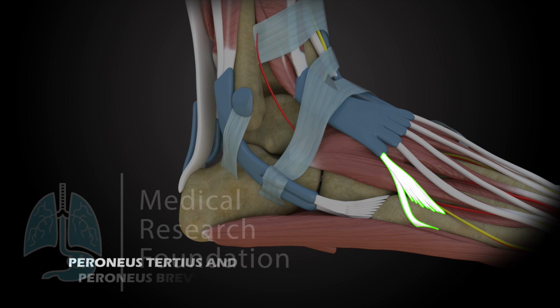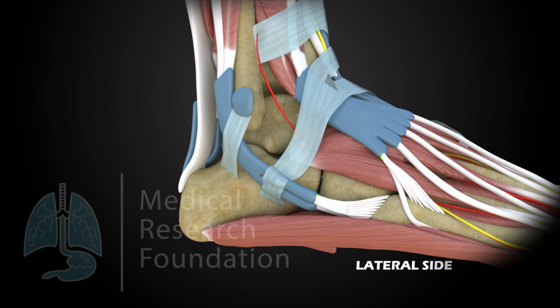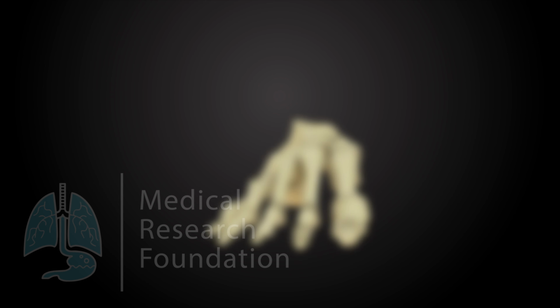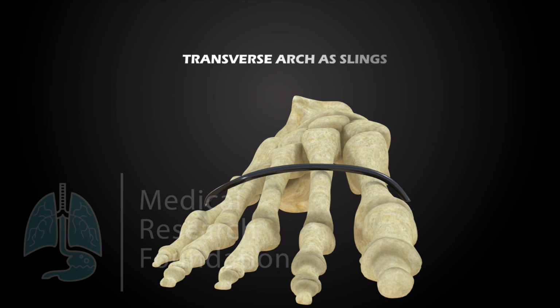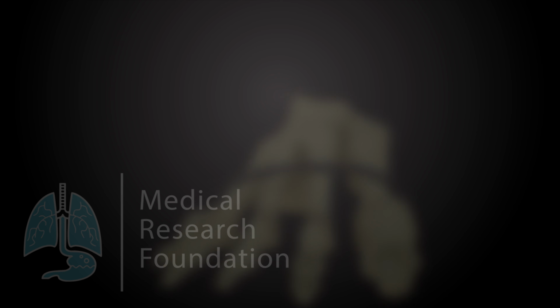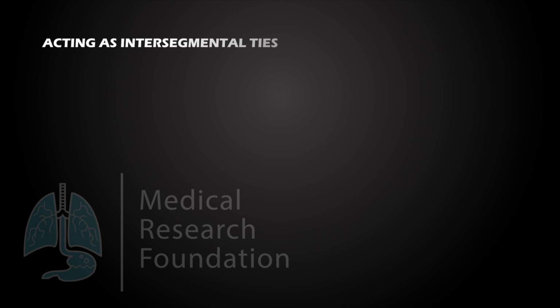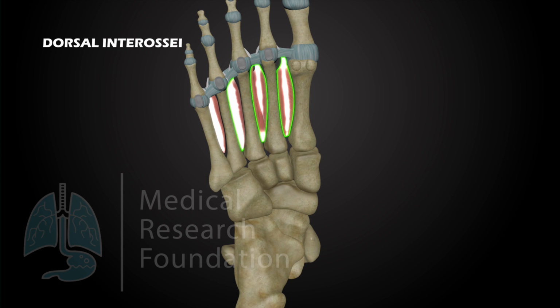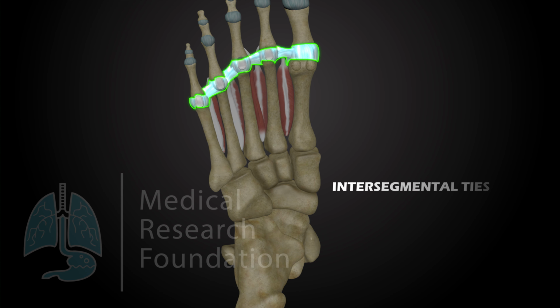The peroneus tertius and peroneus brevis on the lateral side, and tibialis anterior on the medial side, support the transverse arch as slings, acting as intersegmental ties. The dorsal interossae act as intersegmental ties.